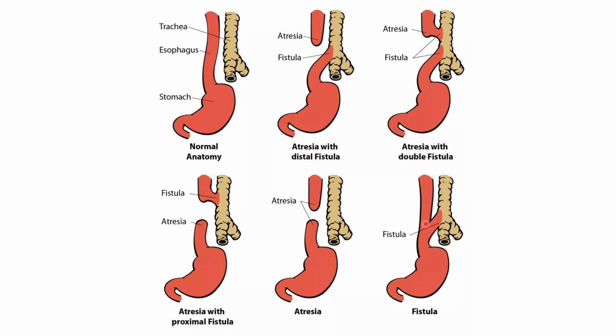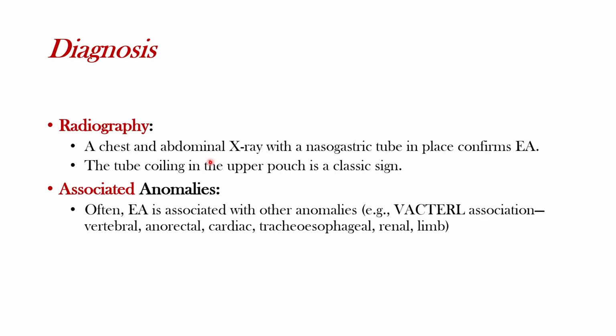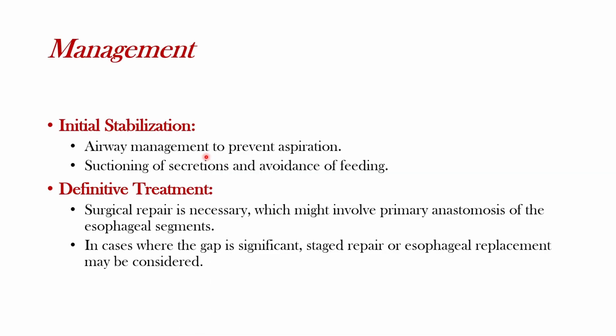For example, if you have GERD, it will go back and enter the trachea. In this case, the fistula is attached immediately to the trachea. Food will come and enter here. We will have aspiration, which could lead to aspiration pneumonia or other diseases. In the reverse, we can have air going from the trachea to the stomach. So first of all, you do stabilization to prevent all these things.